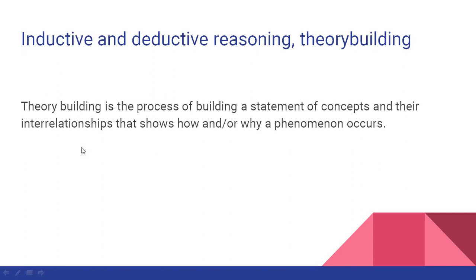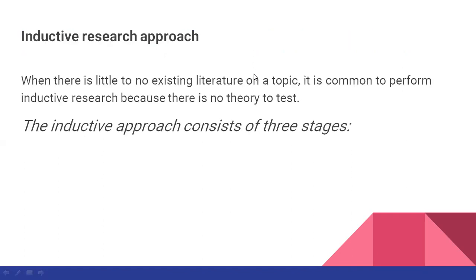Right. So while doing that, we have different means of going about it, and there are two main strategies. The first one is inductive, and the second one is deductive. We'll try to learn these two strategies with the help of some examples. So, the inductive research approach.